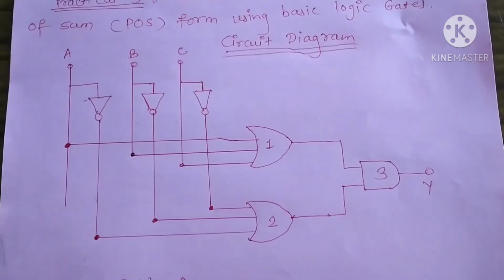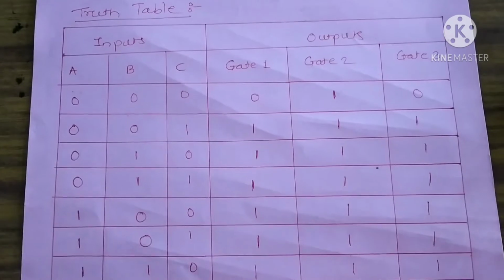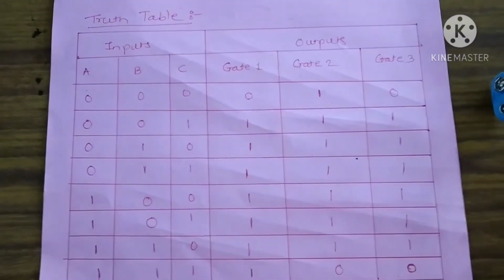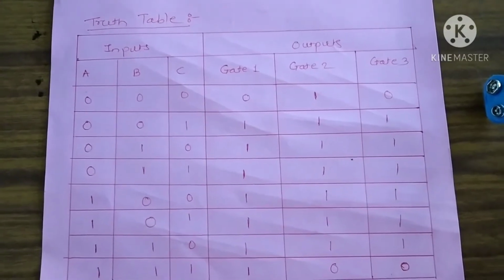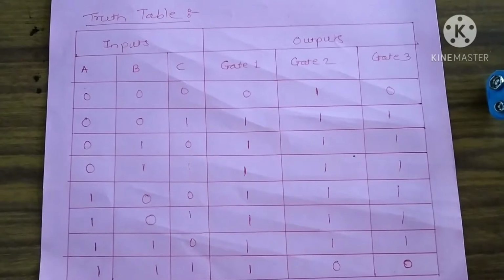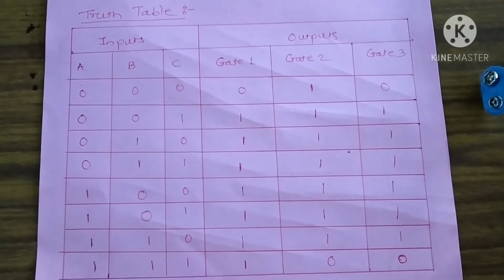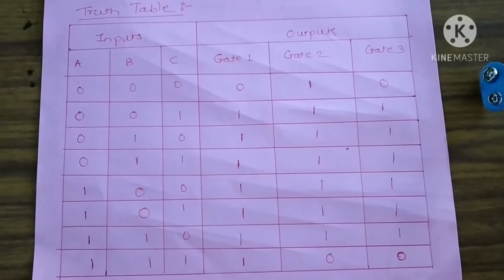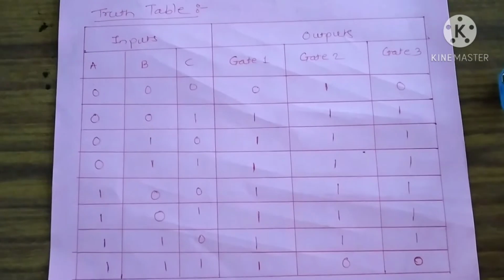Now from this circuit diagram I have prepared a truth table. This is the truth table. As there are 3 inputs A, B, C, so 8 possible combinations are there, and depending on that there will be output conditions. So here we have to check 3 outputs, gate 1, gate 2 and gate 3.